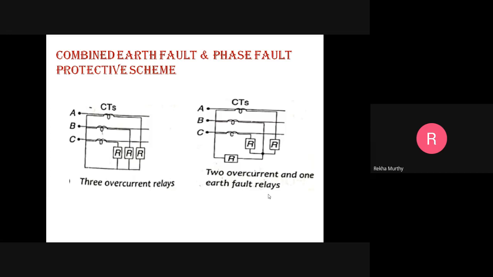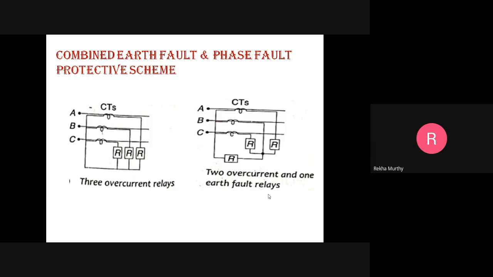Finally, I would like to conclude that we discussed the protection of parallel feeders, where we got information about how and where we need to place the directional and non-directional relays. We also discussed a particular point in the ring, namely which relay has to trip and which should not be active.